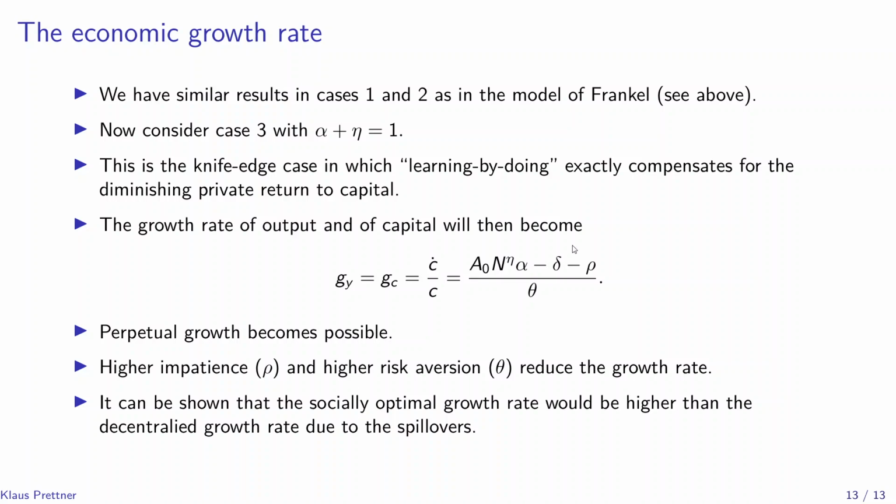To summarize, we've now seen the AK growth model, both versions of it, the Frankel model and the Romer model, the Frankel model with exogenous saving, the Romer model with endogenous saving, and both lead to the situation that for certain parameter values you can get perpetual economic growth at a constant rate. And this time, in contrast to the Harrod-Domar model, this could be a balanced growth path along which you have full employment.